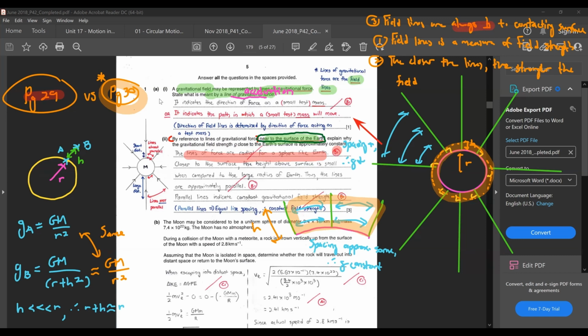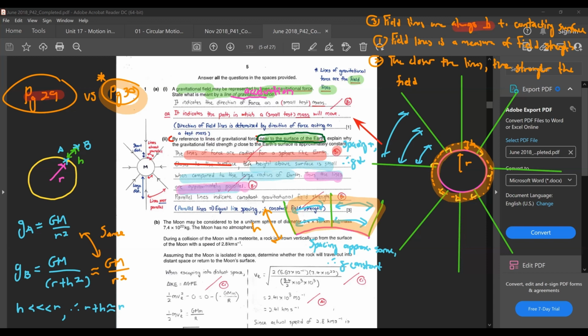Actually, you don't really need to write this statement about closer to the surface. You can just say that the height above surface is small compared to the large radius of the Earth, thus the lines are approximately parallel. The part where you say that the lines are approximately parallel is where your second mark comes from.